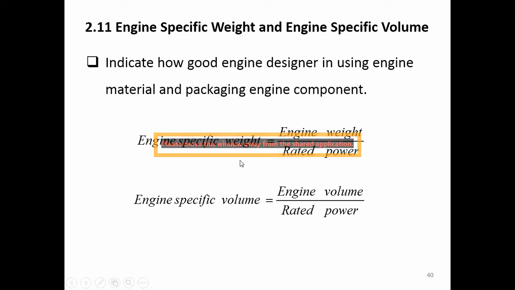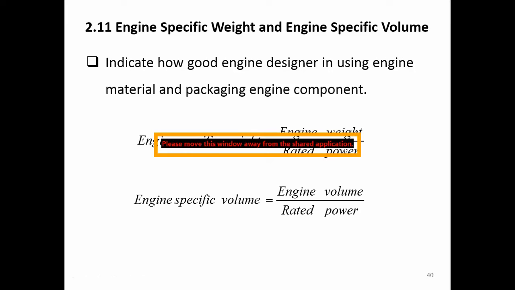Good? You think it's good? That means your engine weight is high and your rated power is low, right? If your rated power is low and your engine weight is high, then you have engine specific weight high. Same as the engine specific volume.